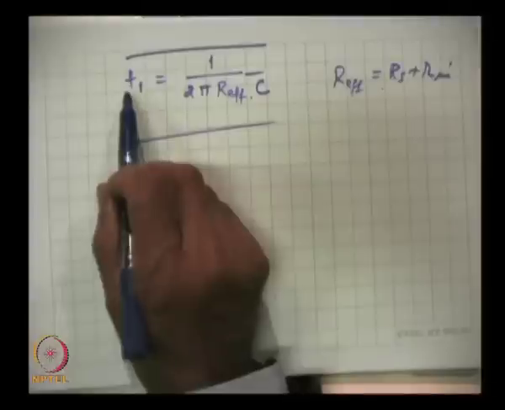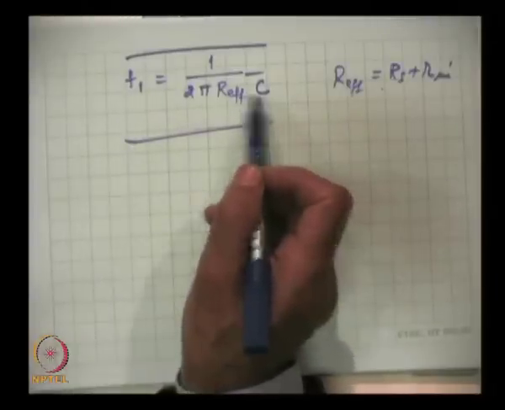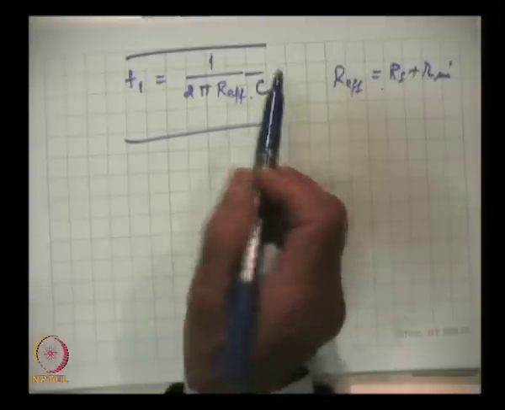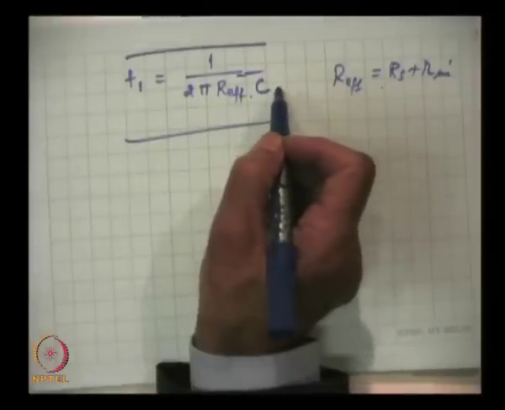And if we are given F1, we can calculate the value of the capacitor if the effective resistance associated with the circuit is known.